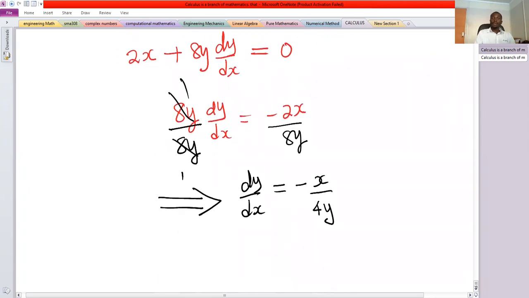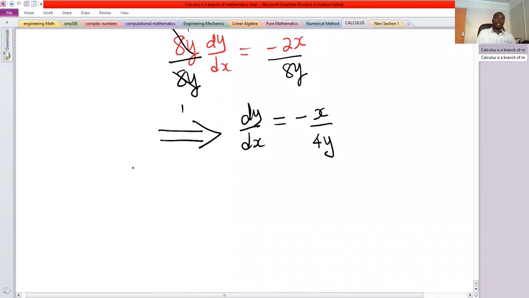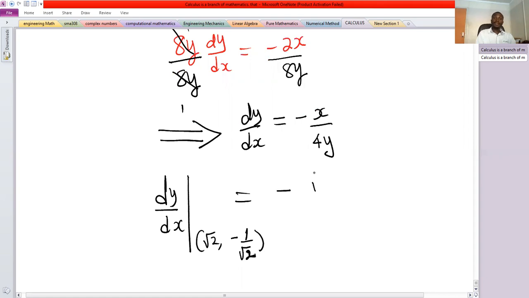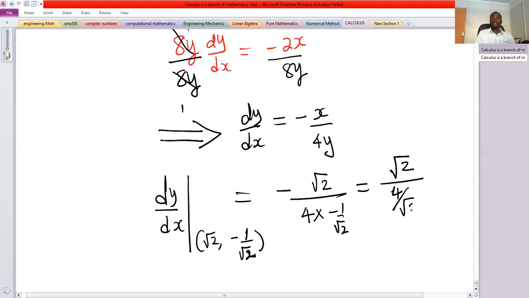Now, the problem was to find dy dx, or the slope, at the point root 2, comma minus 1 over root 2. So this means we'll have negative root 2 over 4 times negative 1 over root 2, which is root 2, negative times negative is positive, and then 4 over root 2.